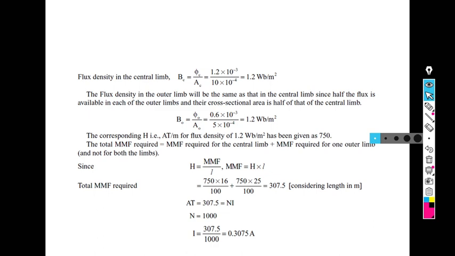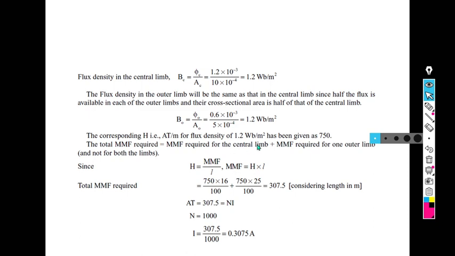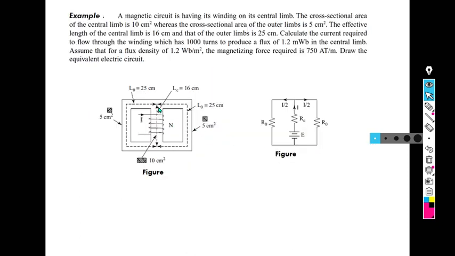Now the corresponding H. H is equal to mmf by L, so mmf is equal to H into L. What they did, they have taken the total mmf required. The total mmf required is equal to the mmf required for the central limb, because flux is flowing through this path, and the reluctance of this path and the reluctance of this path are not the same.